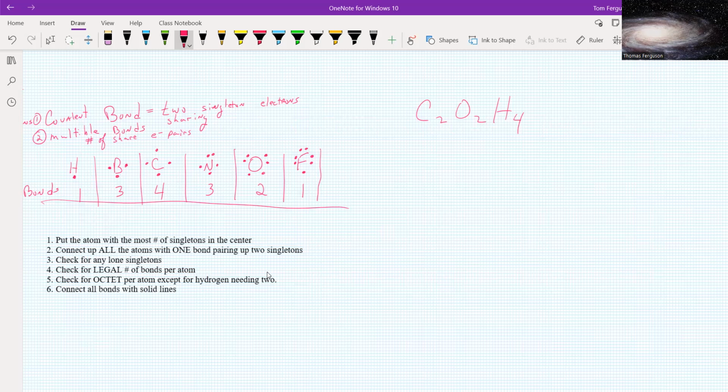Okay. You got a good start, except you got a single in there with nothing bonded to it. That only does one of them. So the only way it can happen is if it can bond with a singleton.